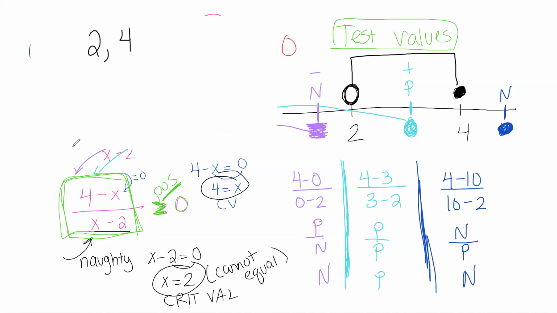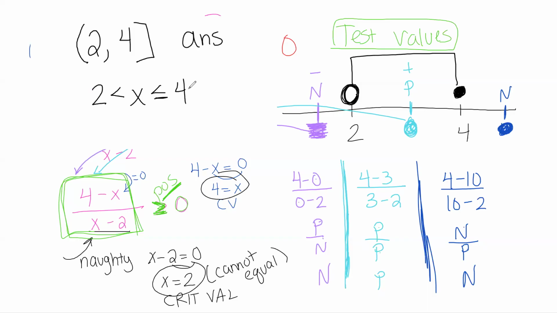This is in interval notation. 2 is open, so give it a soft parenthesis. 4 is closed, so give it a hard bracket. This is the answer in interval notation, and I think that's how most pre-calc teachers would want this. You could also say x is between 2 and 4, and could be equal to 4.